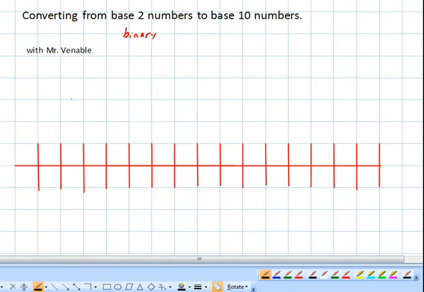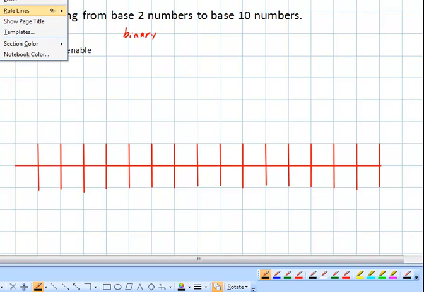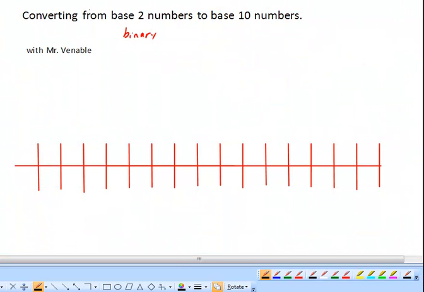So let's say we have a number. I want to look at a number in binary. It's just a series of ones and zeros. So let's say we have 1, 1, 0, 0, 1, 0, 1, 0, 1, 0, 1. I'm going to write that number here in my little slots, starting from the right to the left.